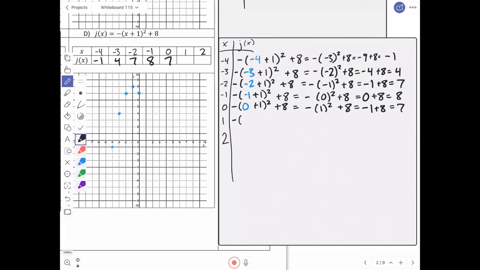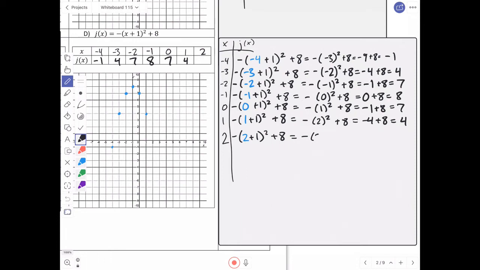And negative 1 plus 1 squared plus 8 equals negative 2 squared plus 8 is negative 4 plus 8 is 4. Negative 2 plus 1 squared plus 8.